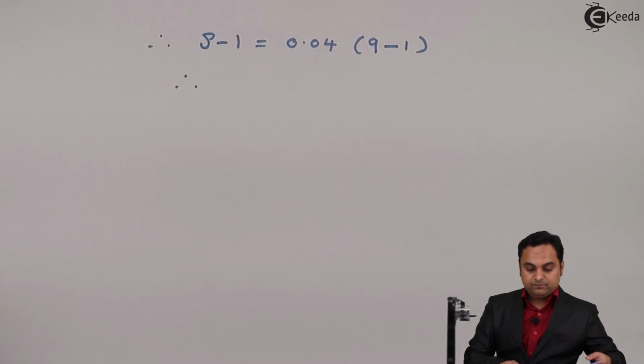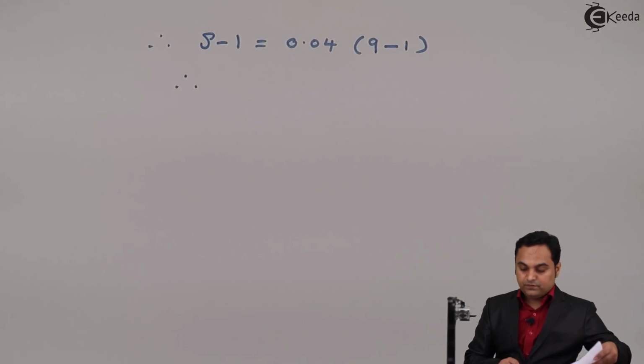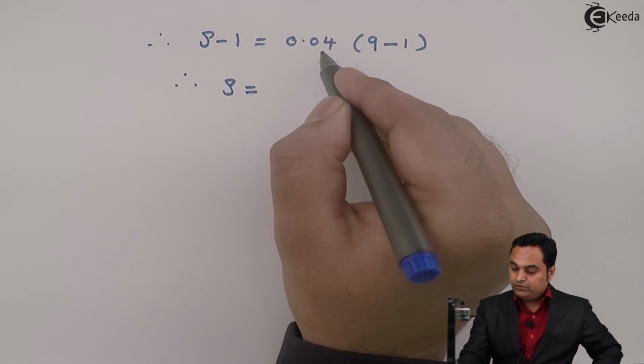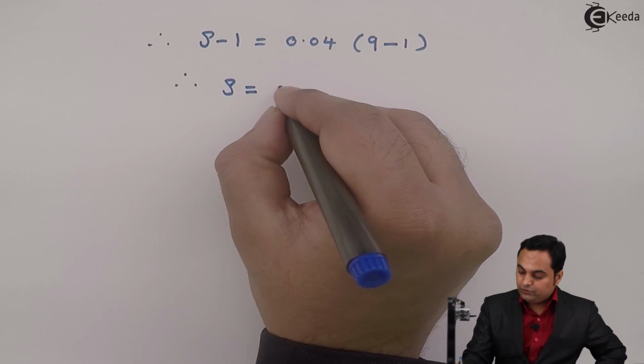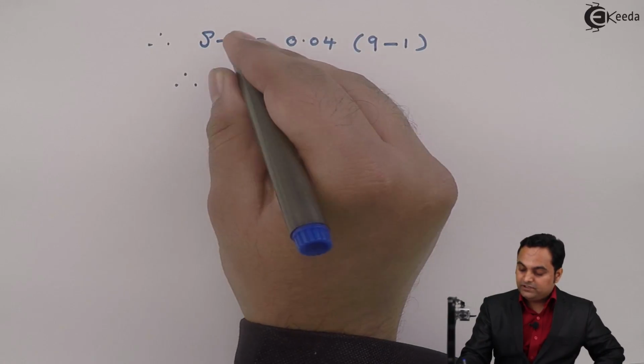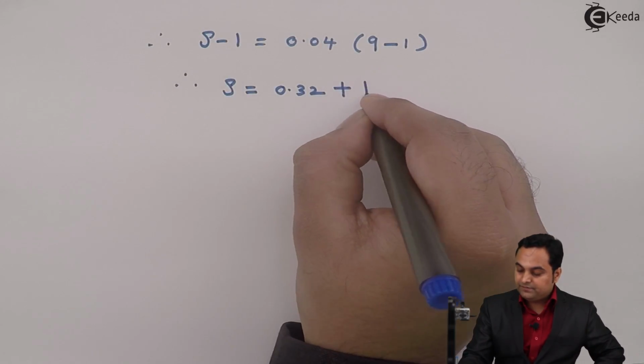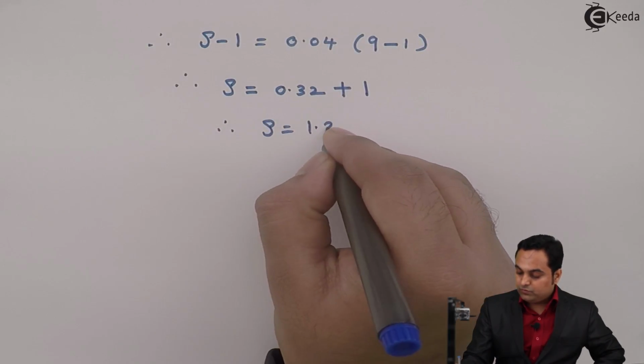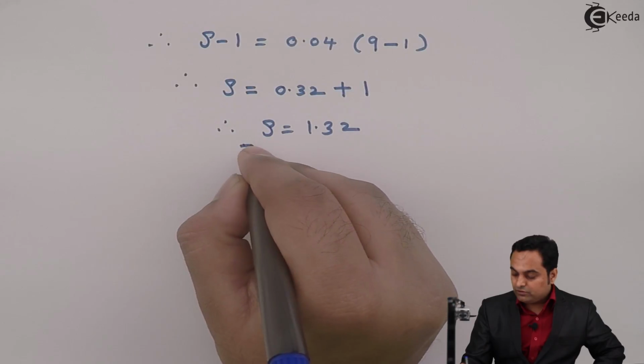So this entire term will be 0.32, and minus 1 goes onto the other side and becomes plus 1, and my answer is rho is equal to 1.32. That is the fuel cutoff ratio.